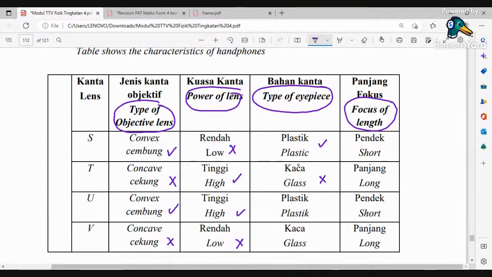Now most of the spectacles also made of plastic. Okay, focal length must be short. Okay, you can see clearly. I will choose U. Now we want to write in table form.